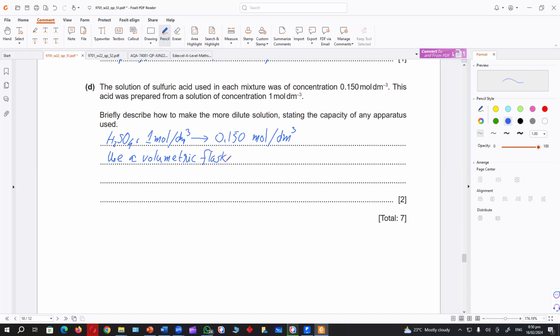To use a volumetric flask, should I take a measured volume? Yeah.